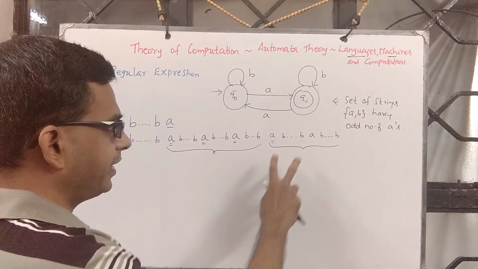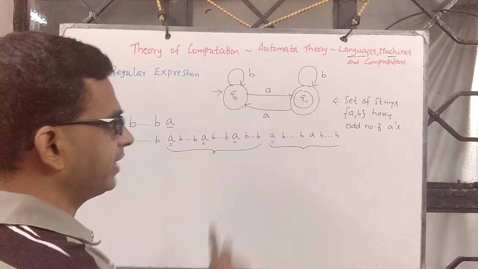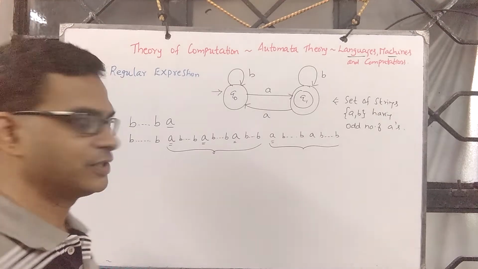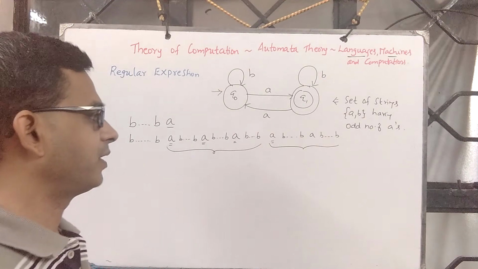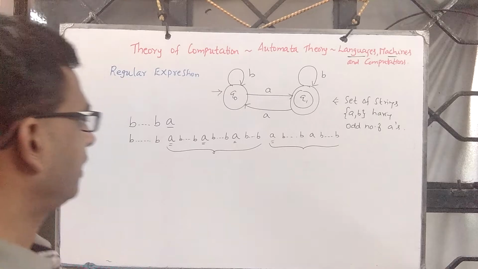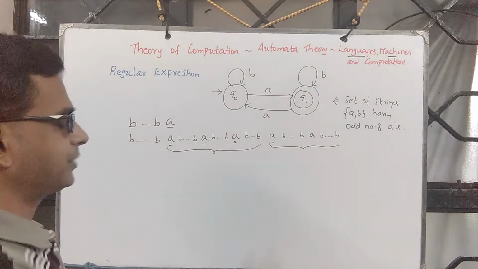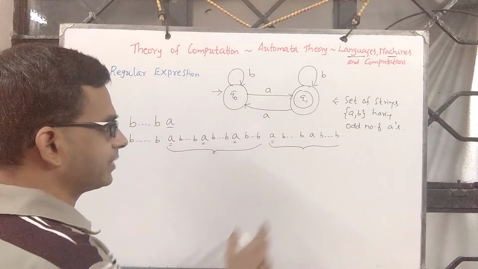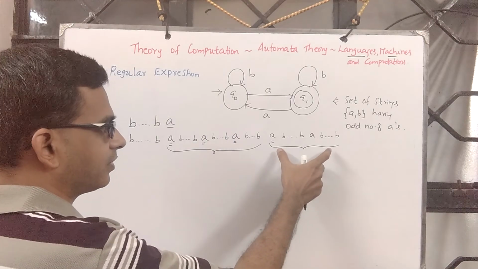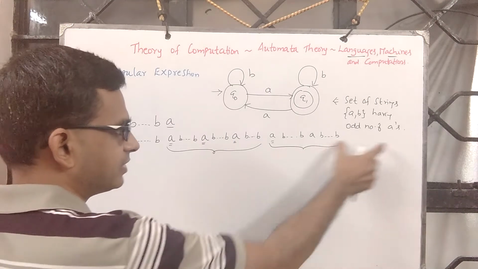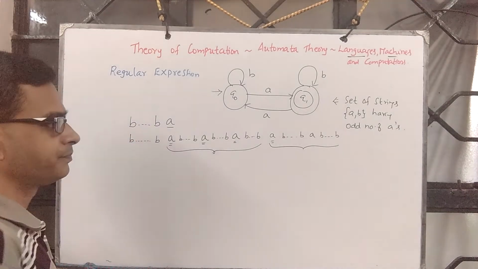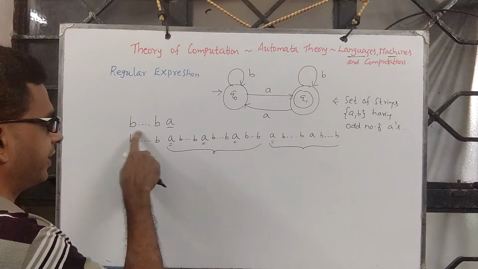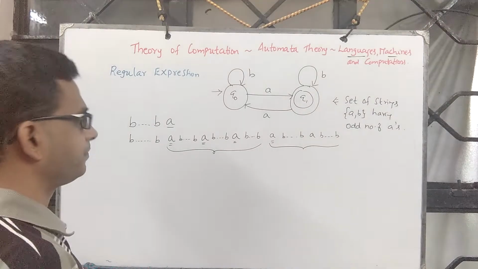Most importantly, between 2 a's, one can have any number of b's. That's precisely the pattern that we keep following. Now if this can be expressed using a succinct expression, then we are done. You see that this pattern keeps repeating. Now we just have to capture this, ensuring the base part.